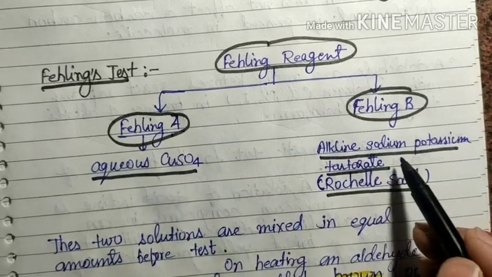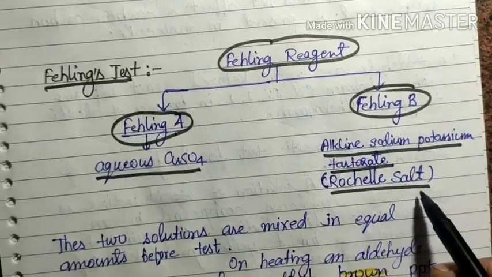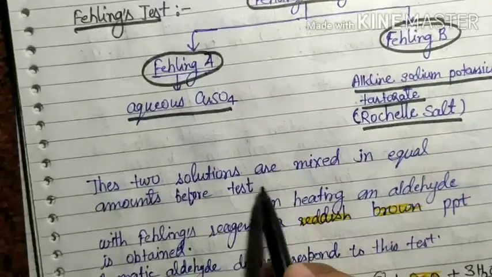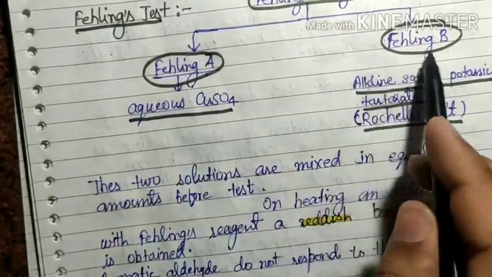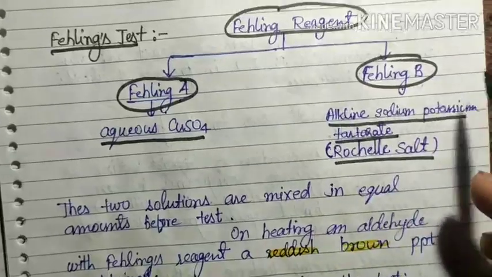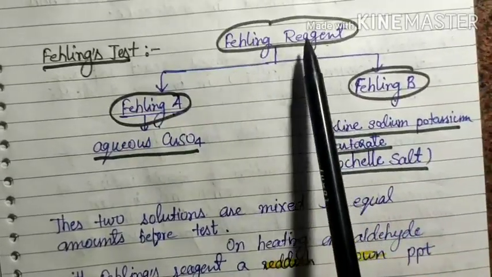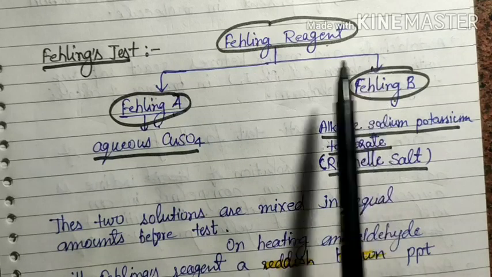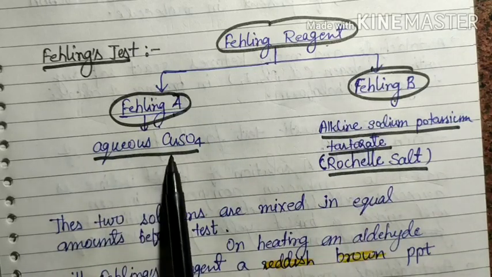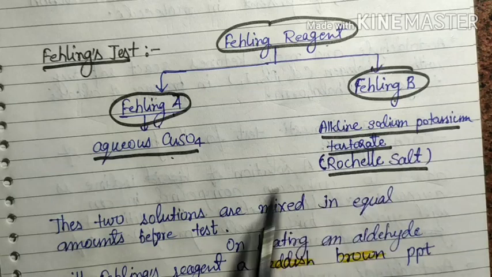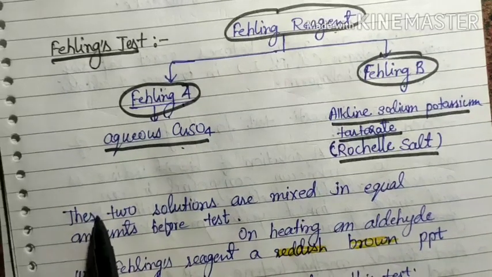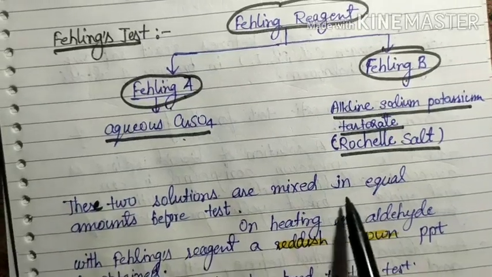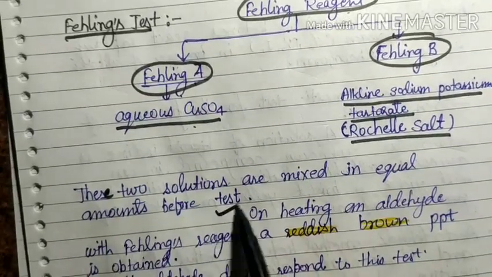So learn what Fehling reagent is: a mixture of solution of Fehling A and solution of Fehling B. These two solutions are mixed in equal amounts before the test.